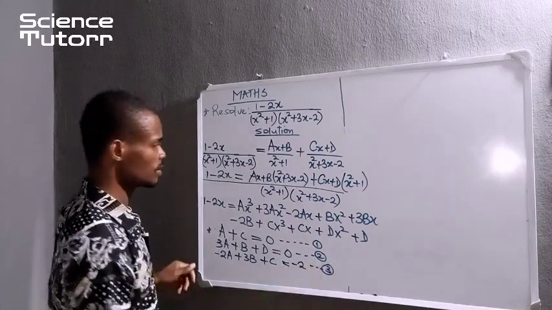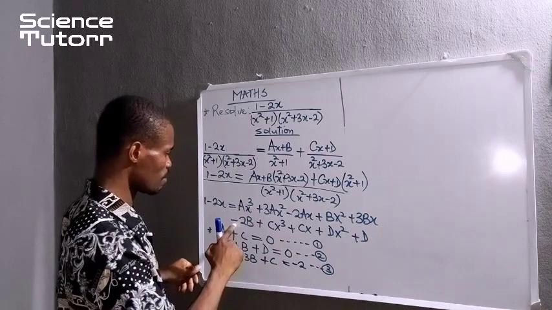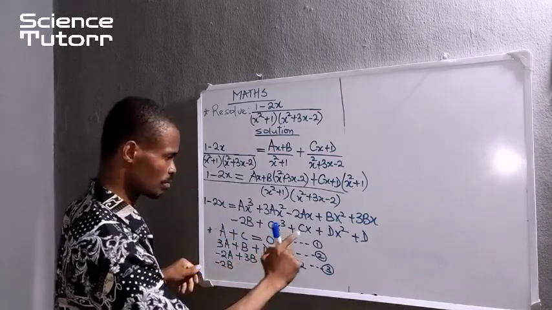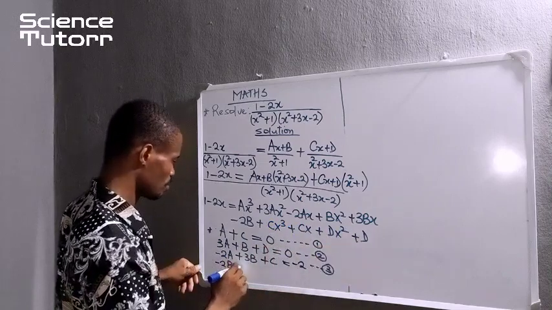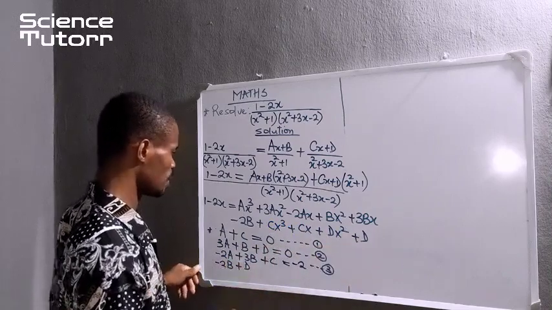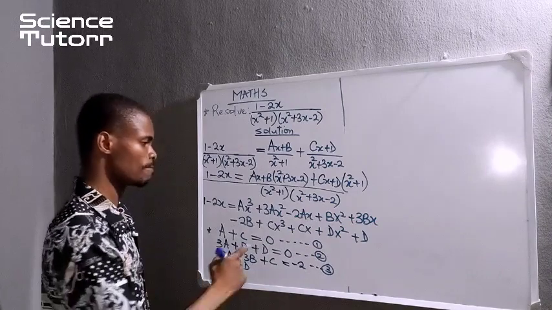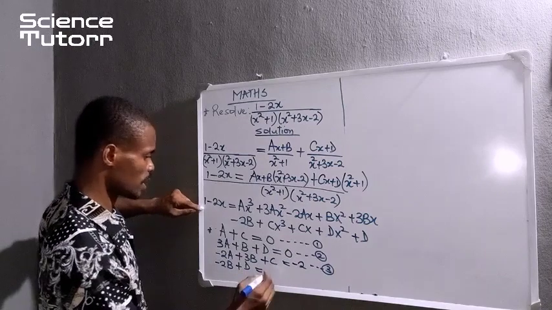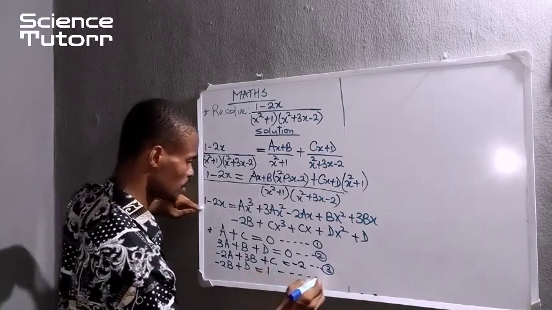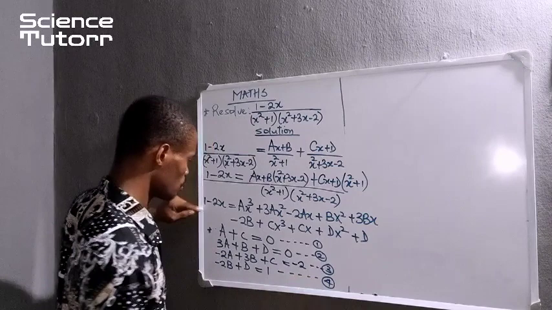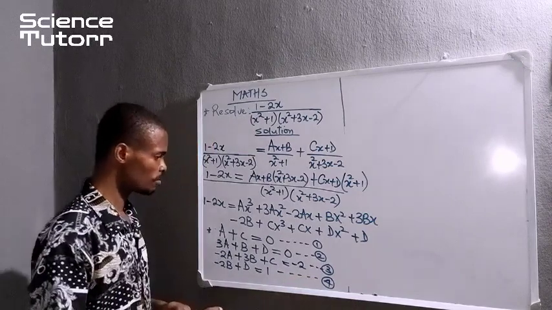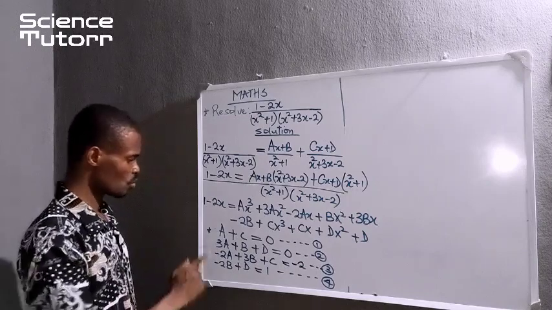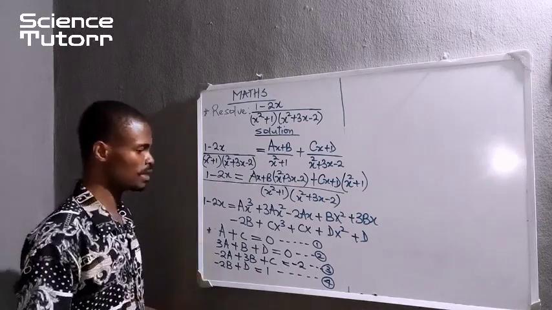And then the constants we have minus 2b plus d to be equal to, constant on this side is 1. So that makes equation 4. So we shall be solving each of these equations simultaneously to obtain the values of a, b, c, and d.